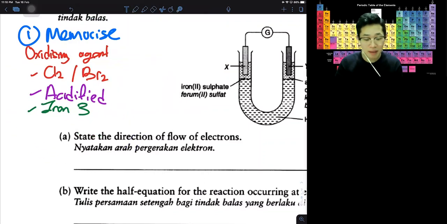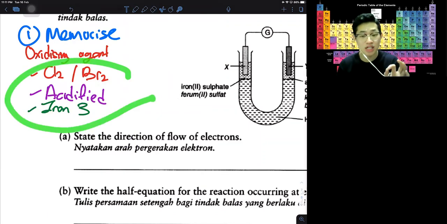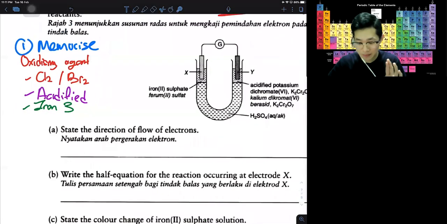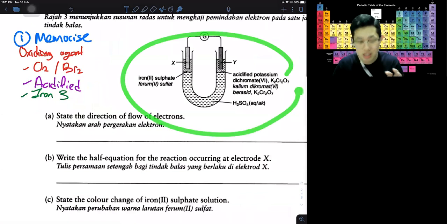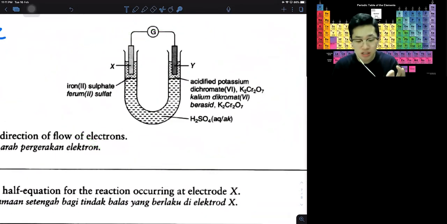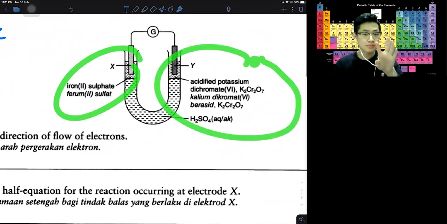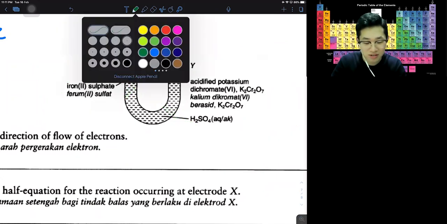As long as you can remember these 3 types of oxidizing agent, chlorine or bromine, acidified, iron 3, you can solve this easily. So when you look at this diagram, which one is the oxidizing agent, X or Y? Okay, thank you.